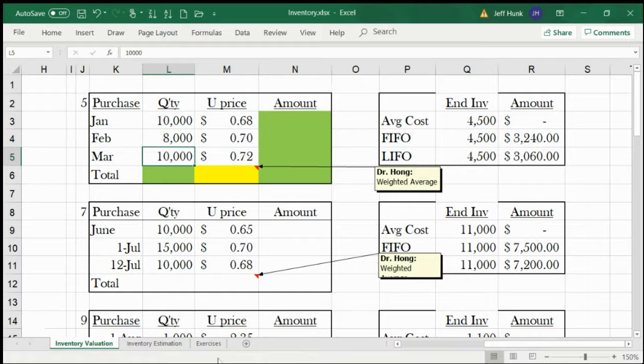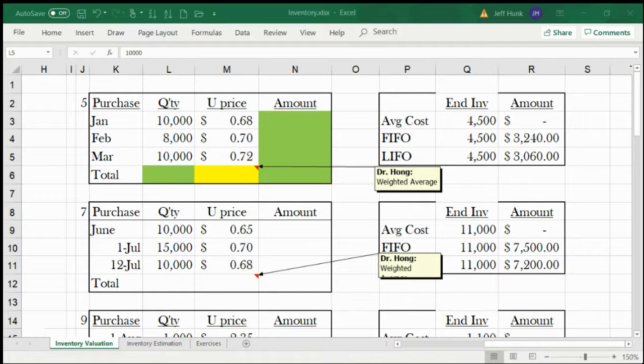Let's make this more interesting. What was our 5,000?